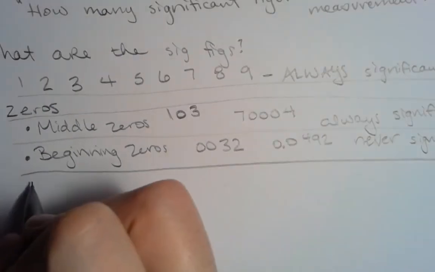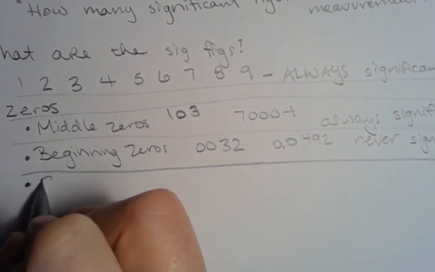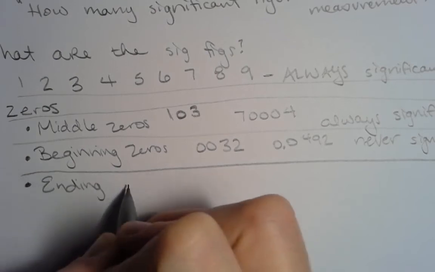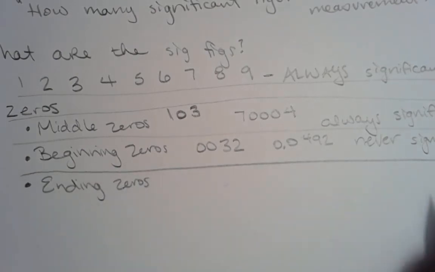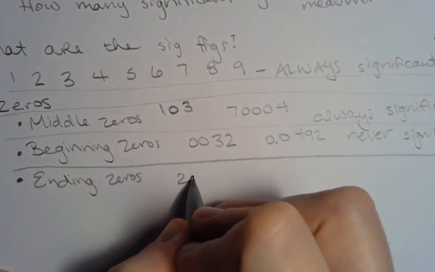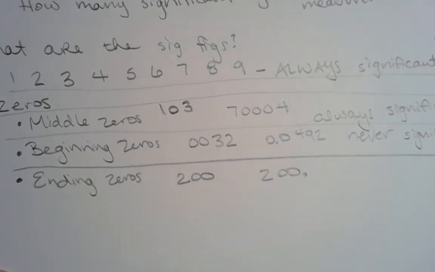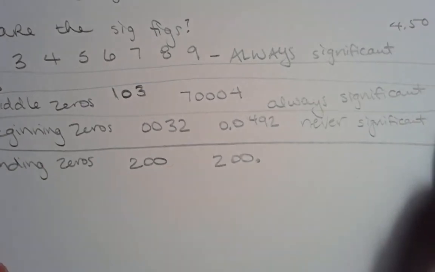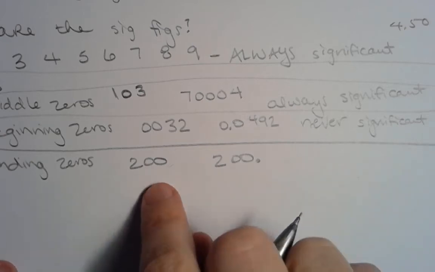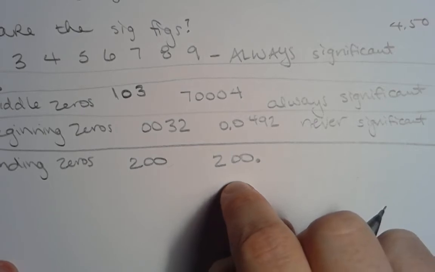Middle zeros, beginning zeros, and ending zeros. Ending zeros come at the end of a number, and whether they are significant or not significant completely depends on if you write a decimal place. This is another super odd feeling thing, because in math class 200 and 200 with a decimal are the same number.